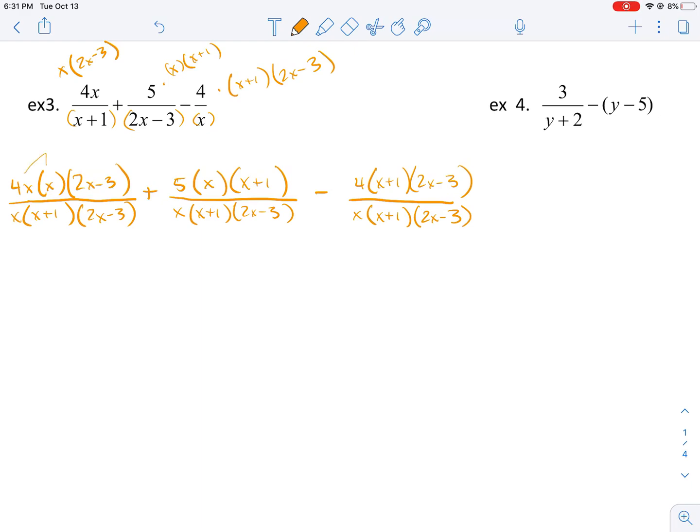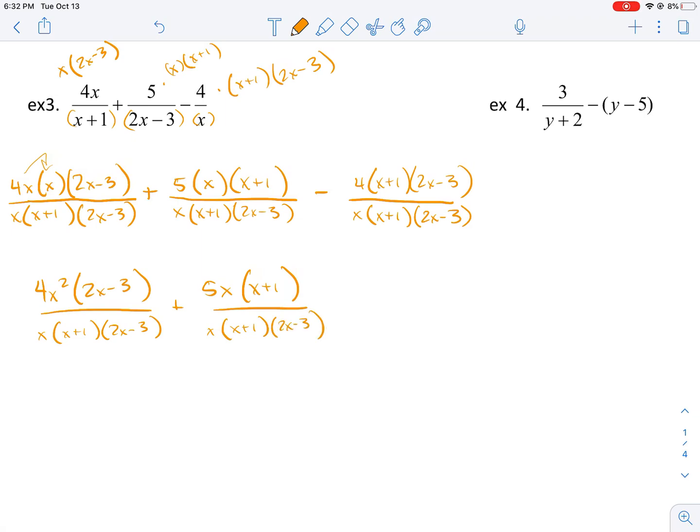So I'm going to simplify this over here. So I'm going to go 4x squared, just taking it piece by piece. Over here I've got a 5x times x plus 1. And over here I'm going to distribute that 4. So I get a 4x plus 4, all times 2x minus 3.